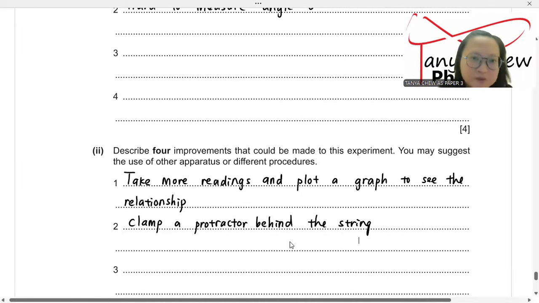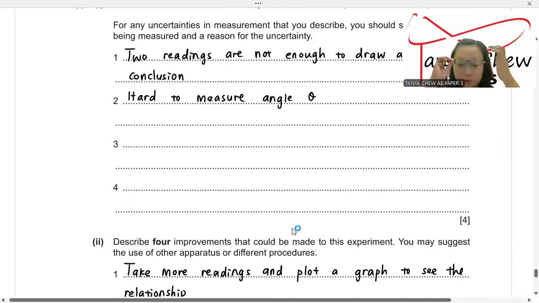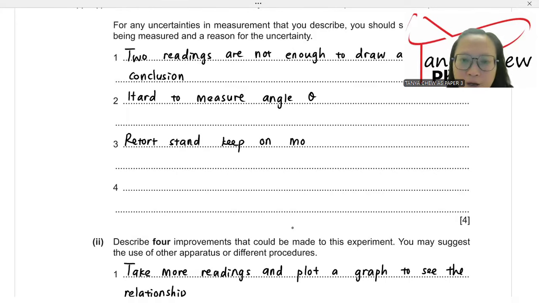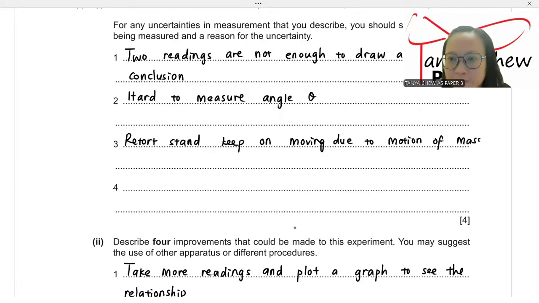And then I would say that when the two masses are moving, my retort stand might not be stable. So my retort stand keeps on moving due to motion of masses.